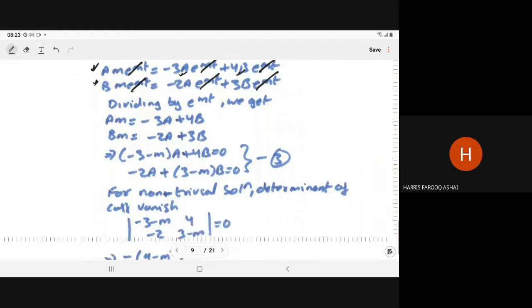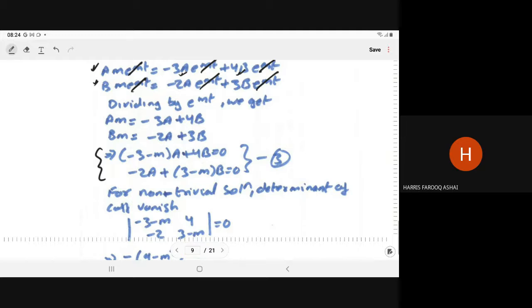That can be written as a system of algebraic equations: (-3 - m)a + 4b = 0, -2a + (3 - m)b = 0.